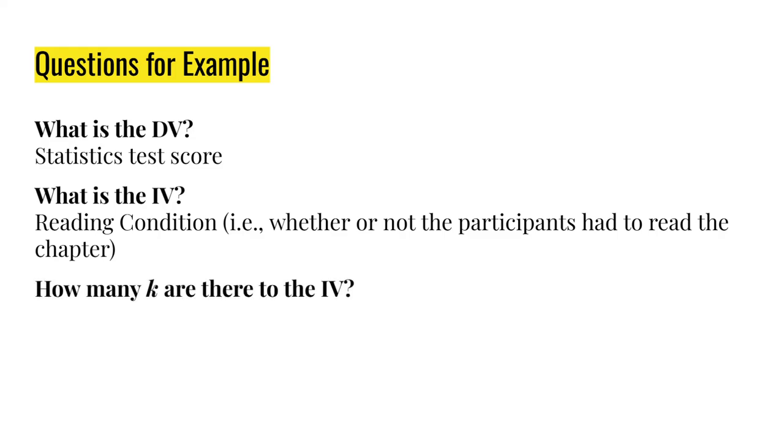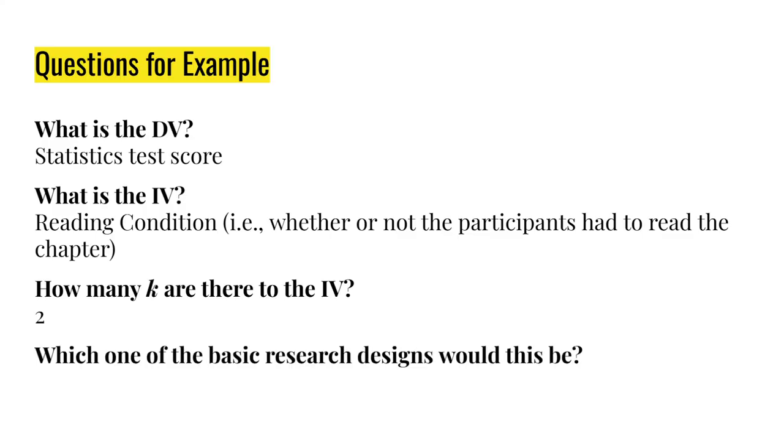All right, now that we've learned more about our dependent variable and our independent variable, how many levels are there to the independent variable? Go ahead and pause me, say it out loud, and then check the answer. If you said 2, you are correct. So now that we know more about basic research design, which one of the basic research designs would this be?